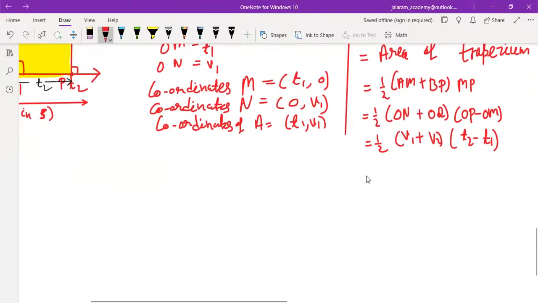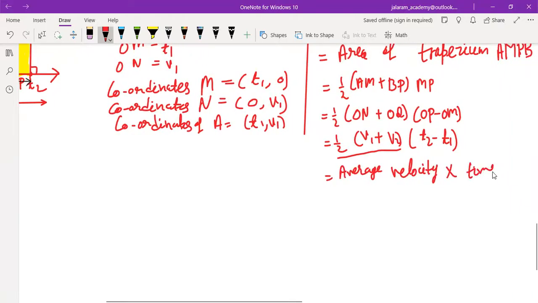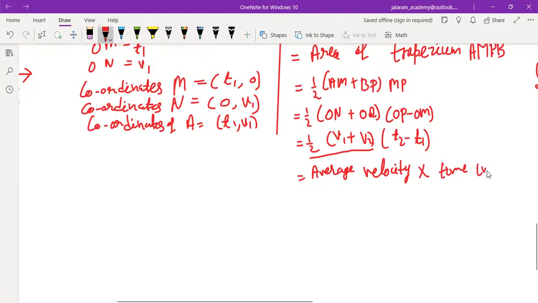Half V1 plus V2. Half of V1 plus V2, we know that is equal to average velocity into T2 minus T1 means time interval.